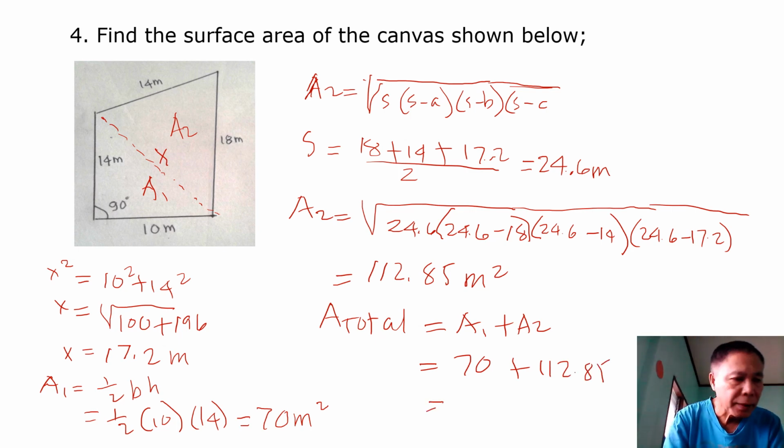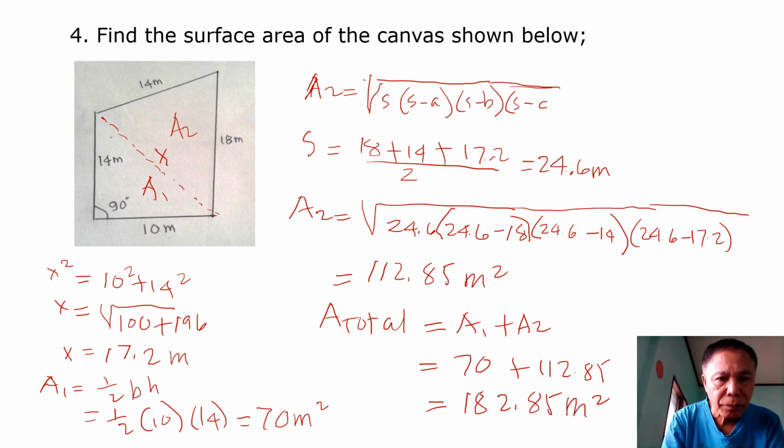So you have 182.85 meters squared. So this is the total area of this figure.